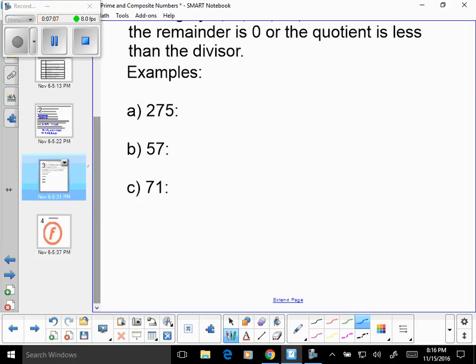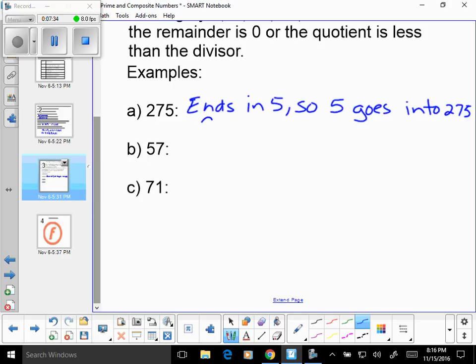In our first example, we have 275. That 5 should pop right out at you. Since it ends in a 5, that means our test for 5 will work. Ends in 5, so 5 goes into 275.